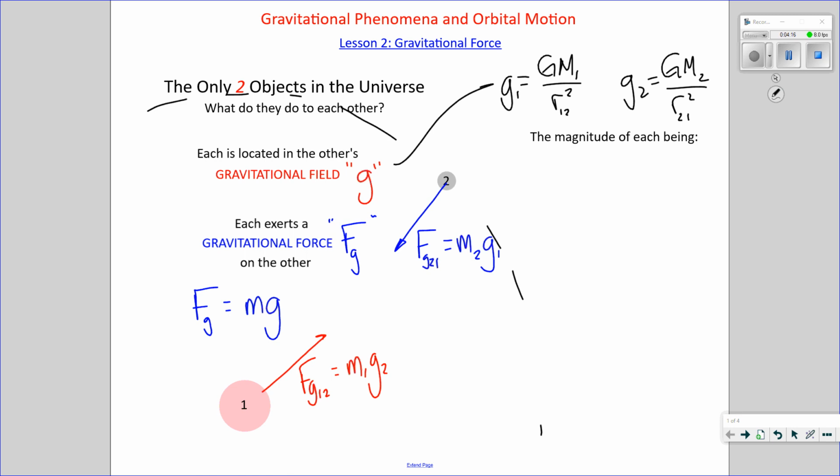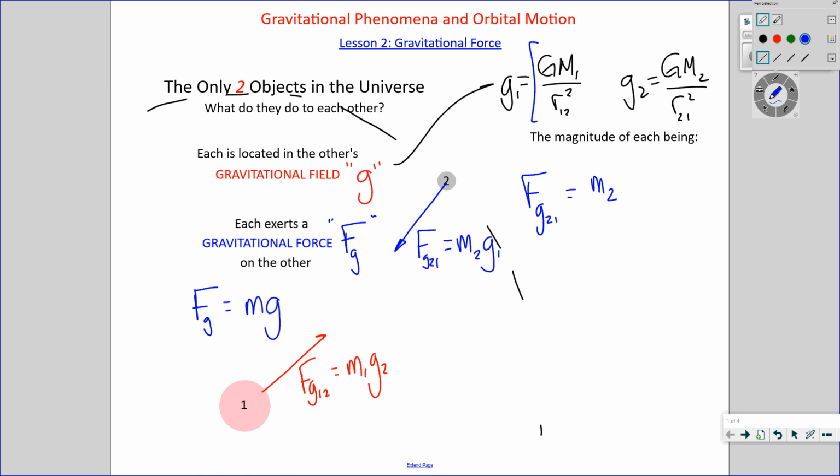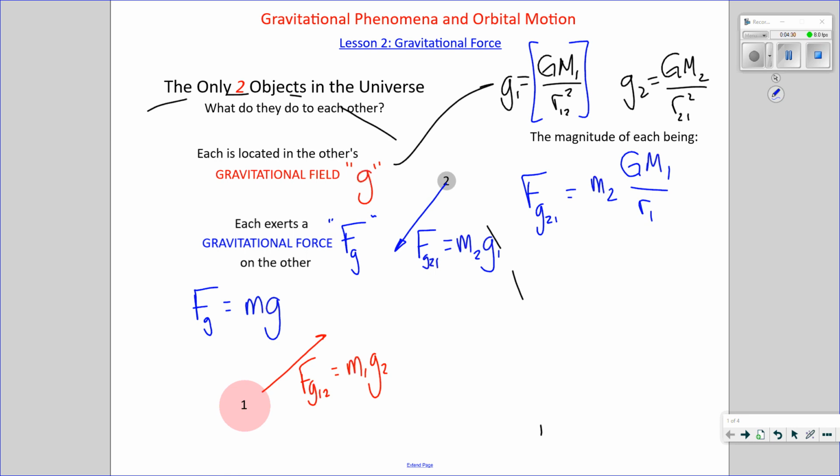So look at what happens here. The magnitude of these gravitational forces, if we write, well, Fg on 2 by 1 is M2 times g1. That's big G, M1 over r1 to 2 squared. And look at this. What's the magnitude of the force that is exerted on 1 by 2? Well, that depends on mass 1 and g2.